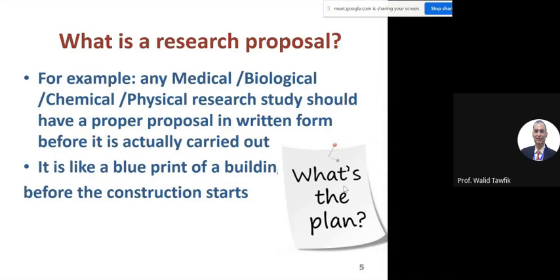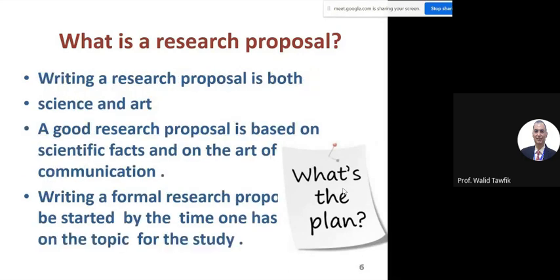For example, any medical, biological, chemical, physical research study should have a proper proposal in written form before it is actually carried out. It is like a blueprint of a building before the construction starts.